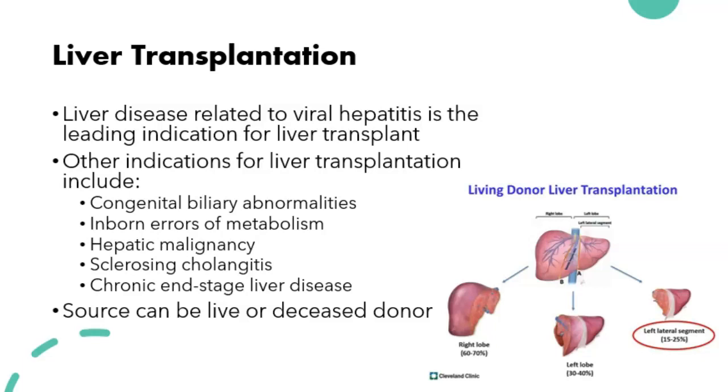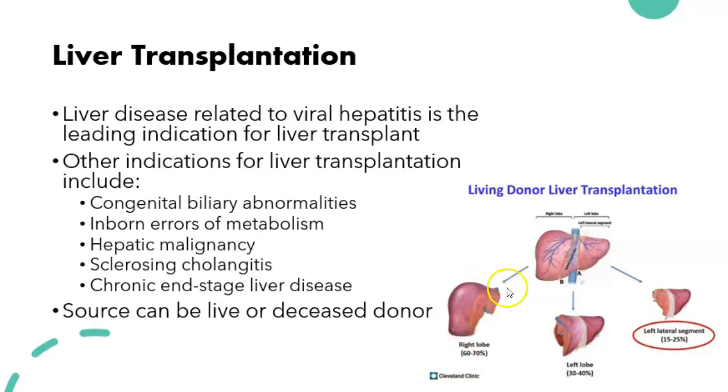So with liver transplant, the source can be a live or a deceased donor. So a live donor is only going to donate a portion of their liver, and then within weeks, the donor and the recipient's liver is going to grow back to the size the body requires to function.